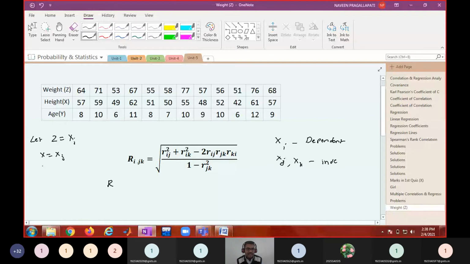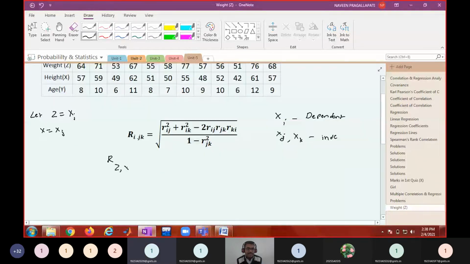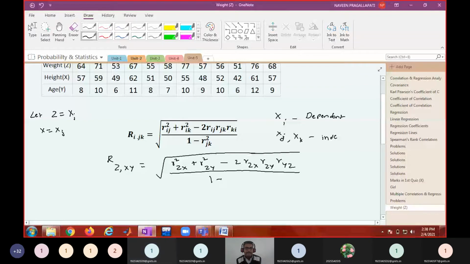We'll write like this: r z comma x comma y, root of r square zx plus r square zy minus 2 r zx r zy r xy, divided by 1 minus r square xy.